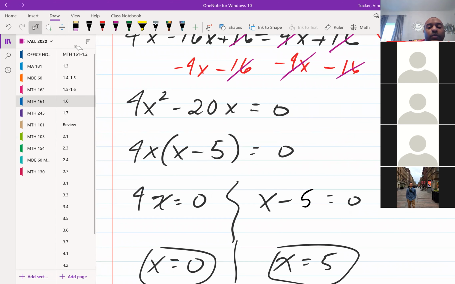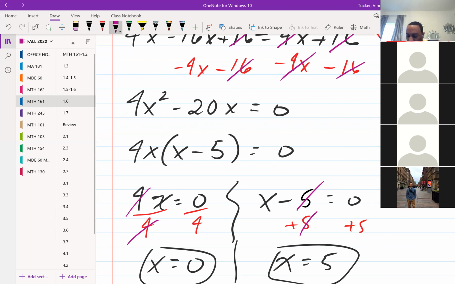And your result would be x equal to 5 and x equal to 0. So, to solve it, we divide both sides by 4. And here, add 5 to both sides.